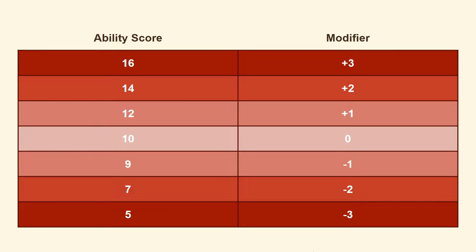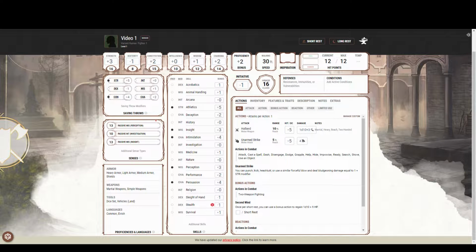Every even number over 10 increases the modifier by 1, and every odd number below 10 decreases it by 1. So if we expand the table I have here, an 18 would be a +4 and a 20 would be a +5. Your DM will have you make use of these ability scores on a number of occasions, so let's walk through a few of those now.